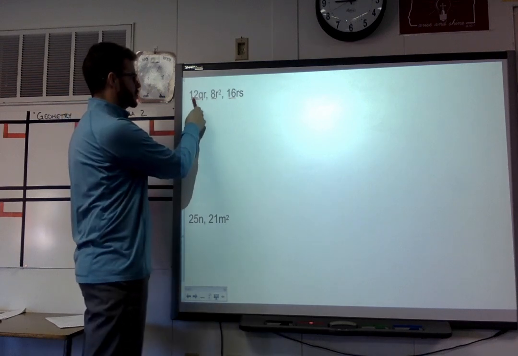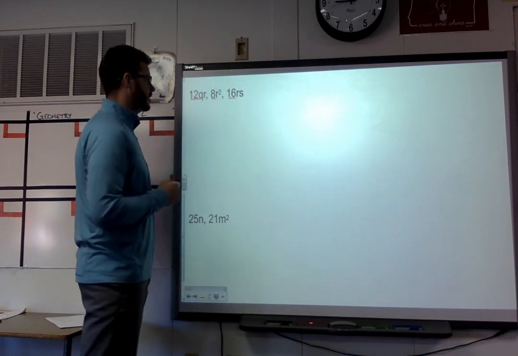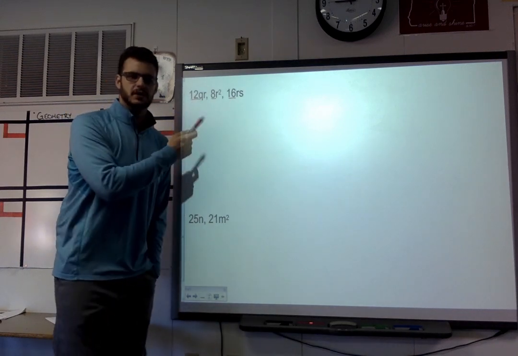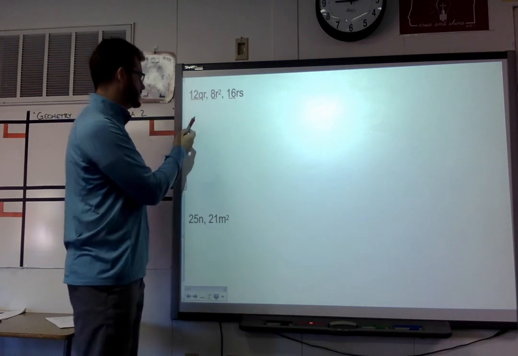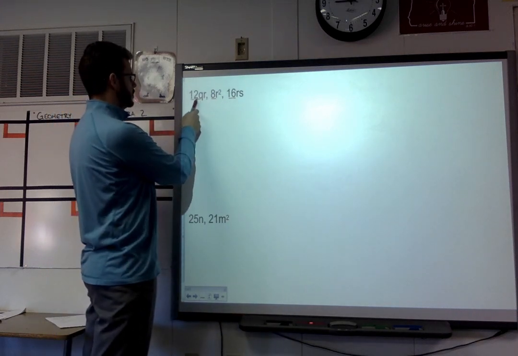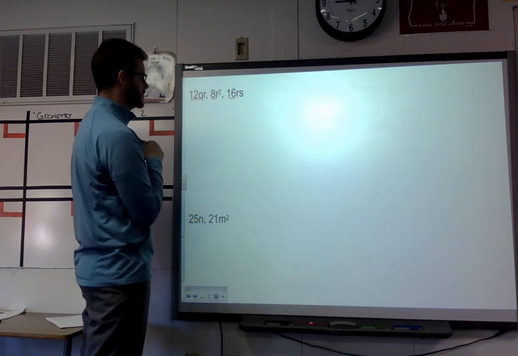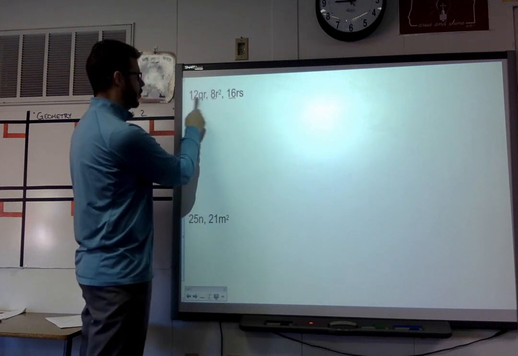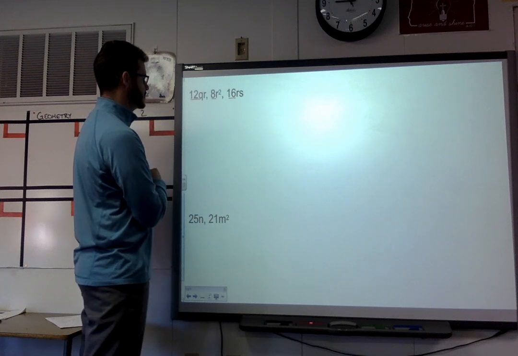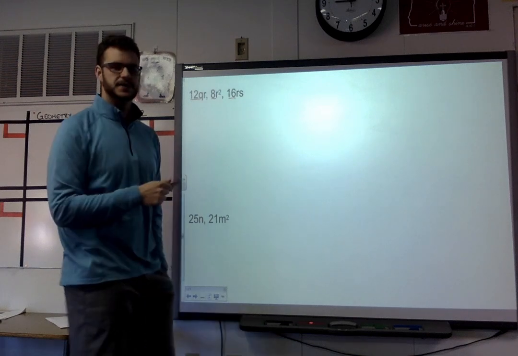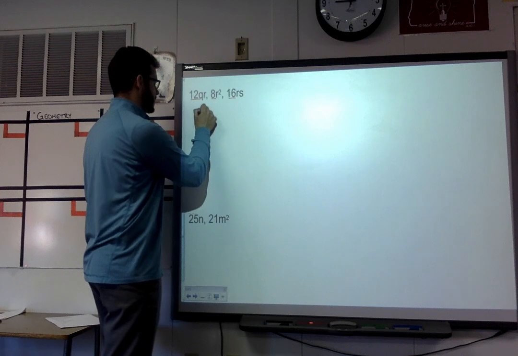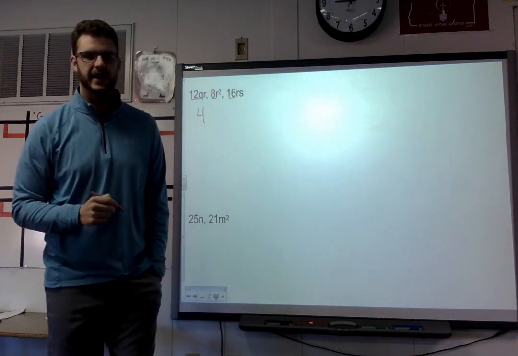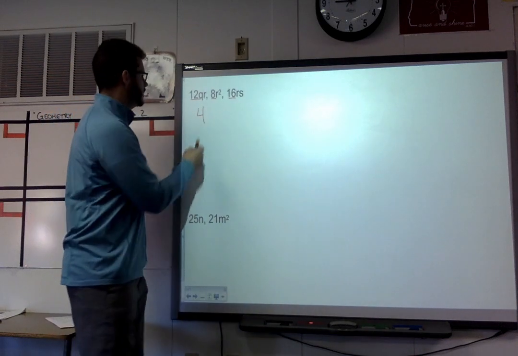If you think of 12, 8, and 16, and the largest number that can go into each one, let's see, 2 goes into all of them, 3 does not go in, 4 goes into all of those numbers, nothing bigger goes into all of those numbers. So we could say that 4 is the greatest common factor for the numbers.